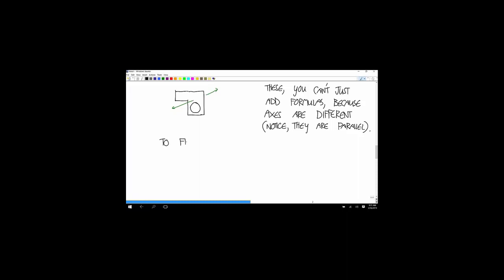So to find the mass moment of inertia about a point other than the center of mass, we'll use the parallel axis theorem.